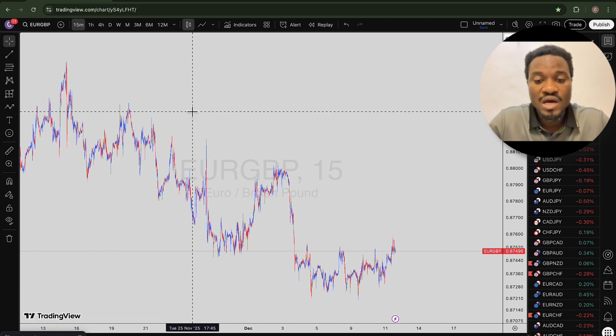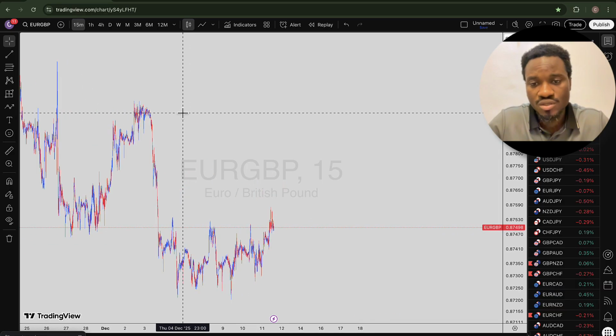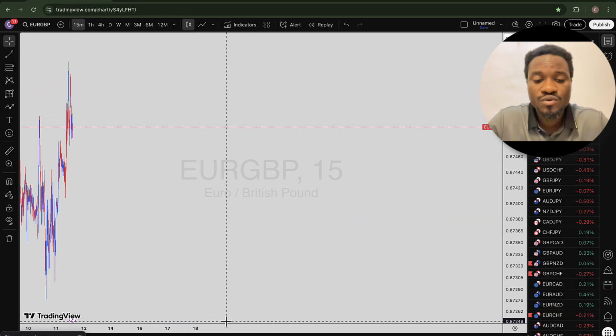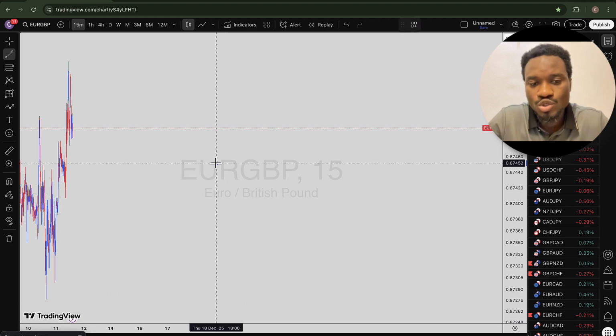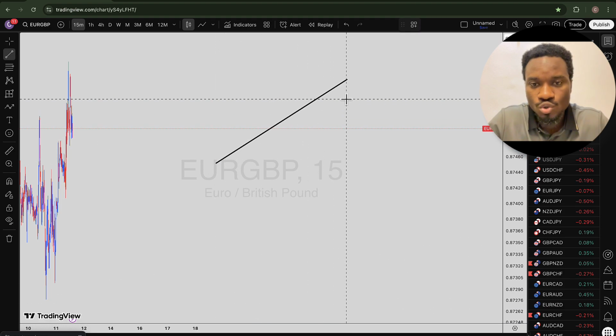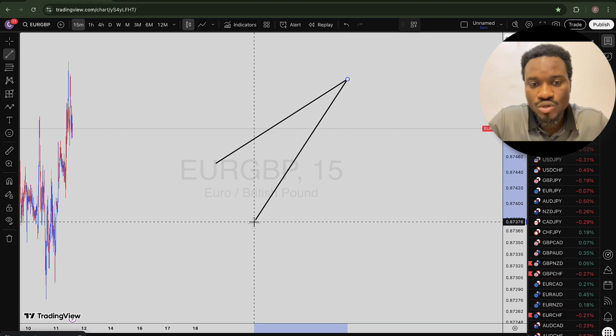All right, that is what we have right here. Now let's move on to what we call the rising wedge. For the rising wedge, we have a pattern sloping upward, and the underneath trend line sloping upward as well. You can see that.